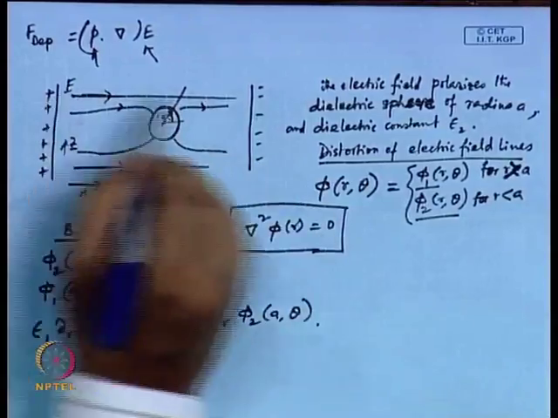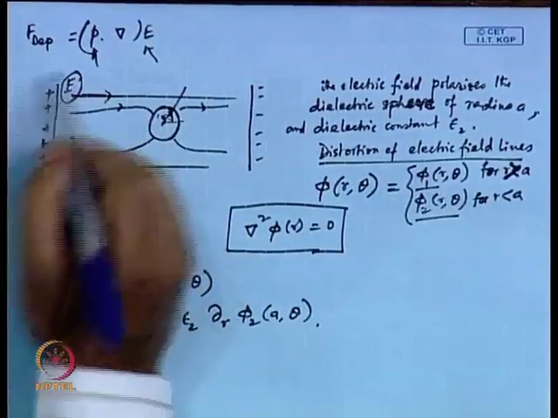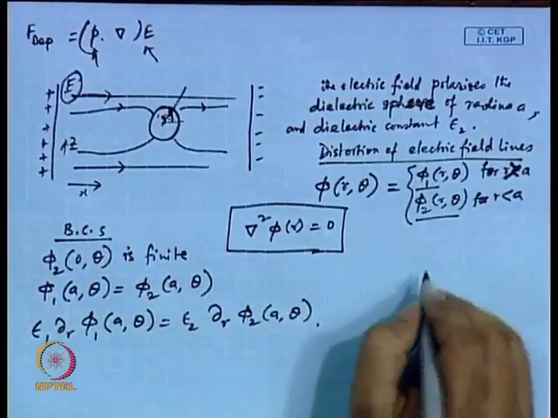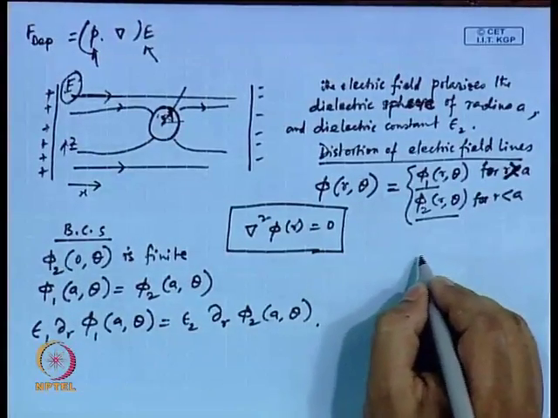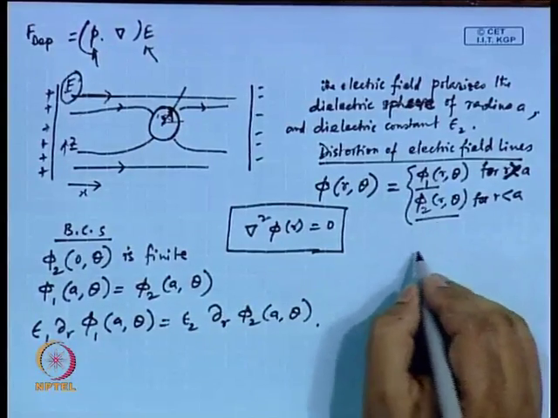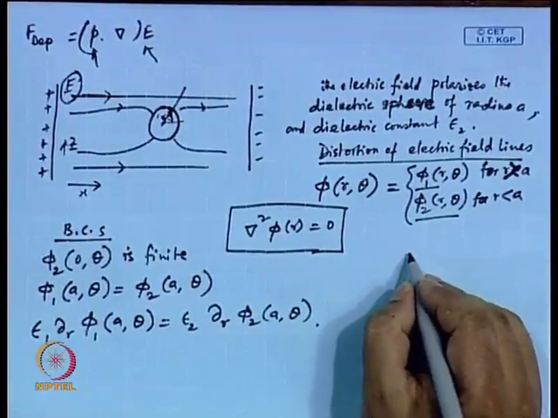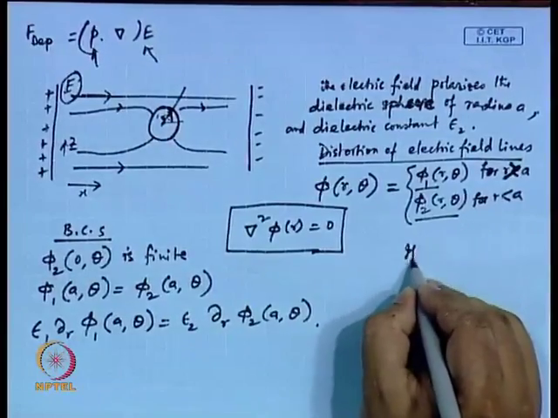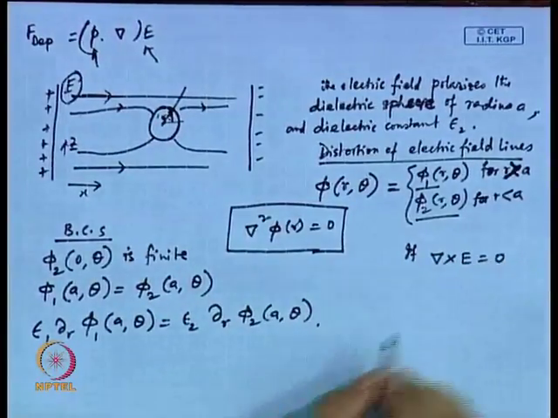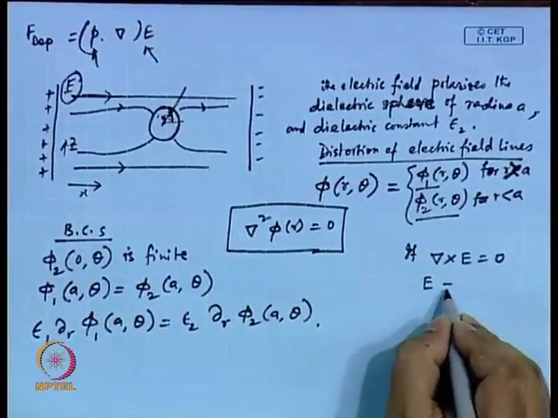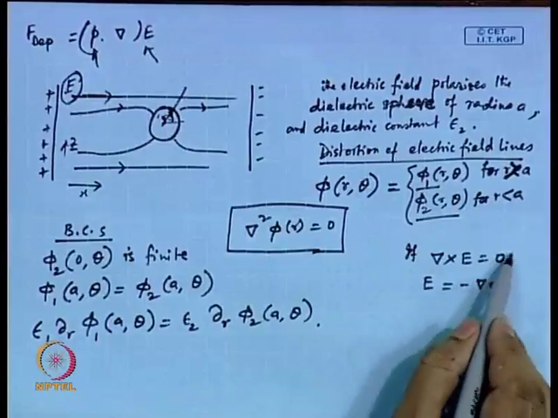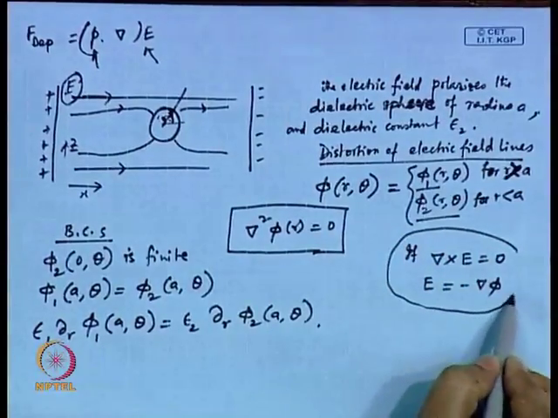You have imposed some electric field E, and how are E and phi related? Phi is the potential and E is the electric field. How did we define this? We said that if del cross E is equal to 0, then E is equal to minus del phi. This is the definition; at the very outset we said this.